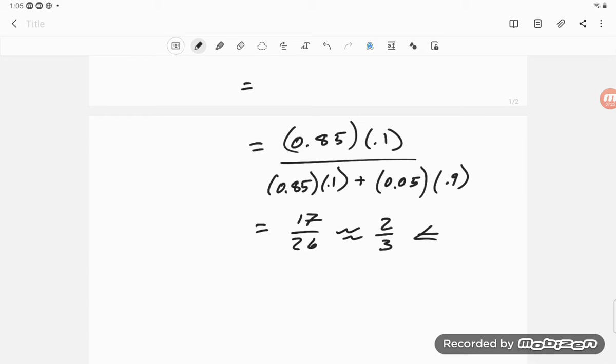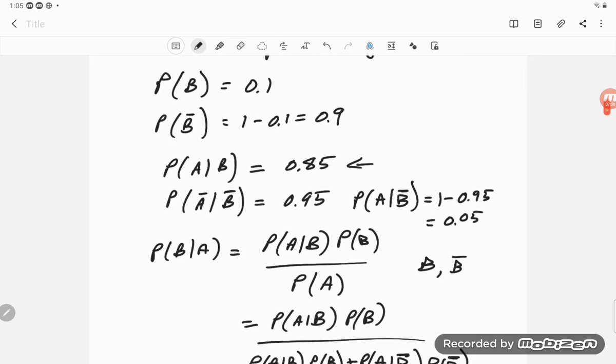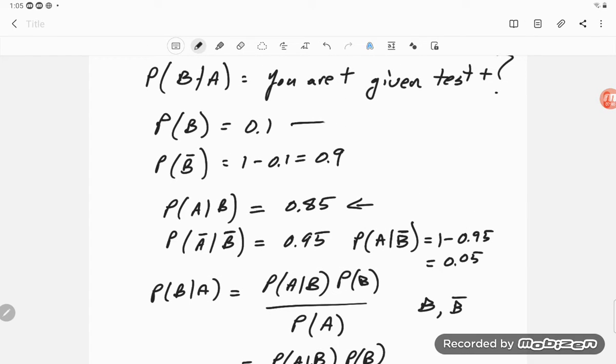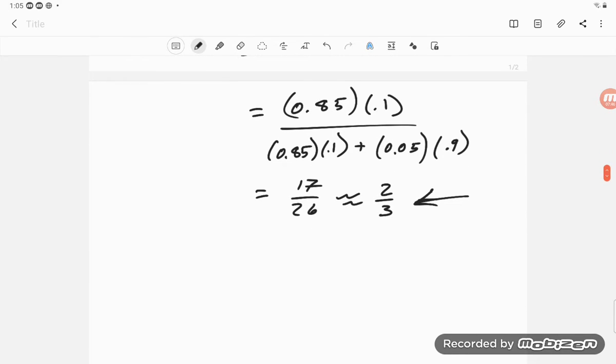And that sounds kind of bad. I'm going to pursue this a little further. It would be really bad if the population of those who have it generally was much smaller than 10%. And that's why these tend to be kind of bad, no matter how good these other things are, the 0.85 and the 0.95.